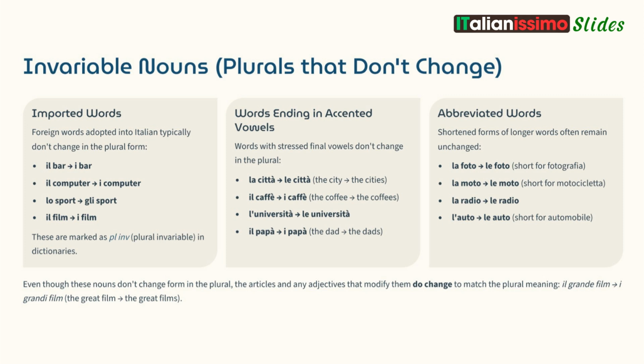Abbreviated words or shortened forms remain unchanged, like la foto goes to le foto, la moto goes to le moto, la radio goes to le radio, l'auto goes to le auto. Note, even if the noun form is invariable, articles and adjectives still agree in number. For example, il grande film goes to i grandi film.